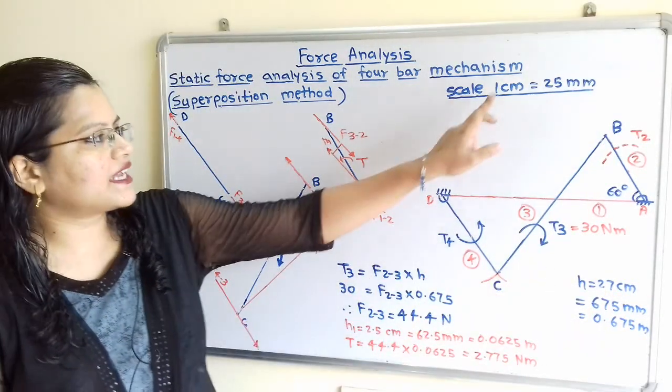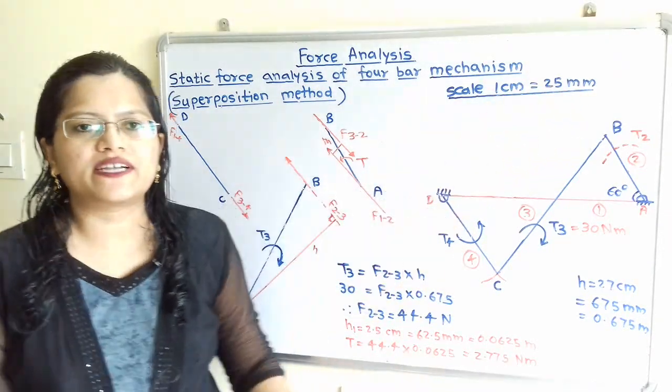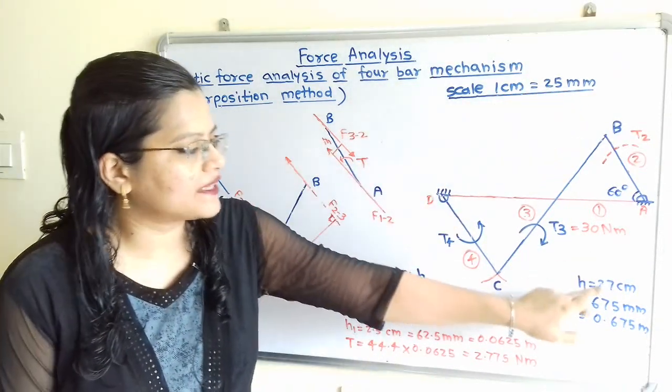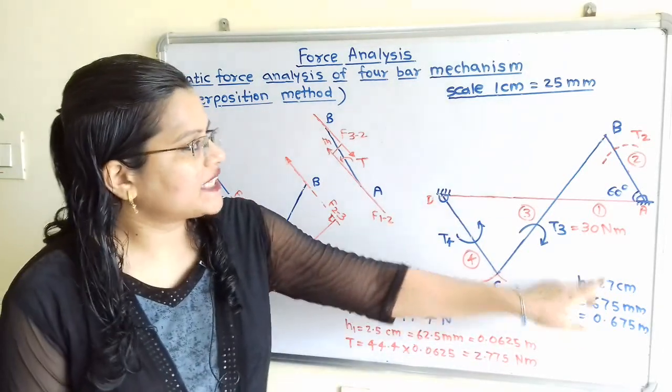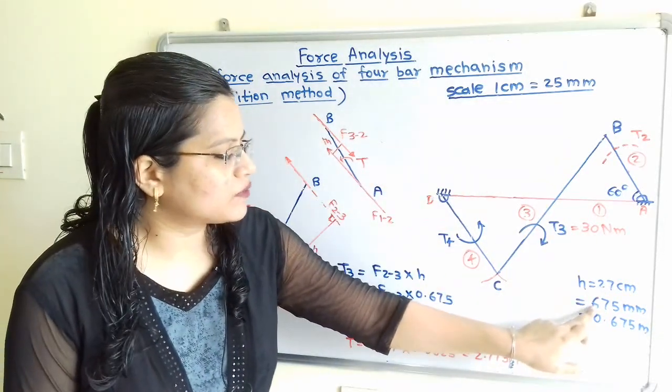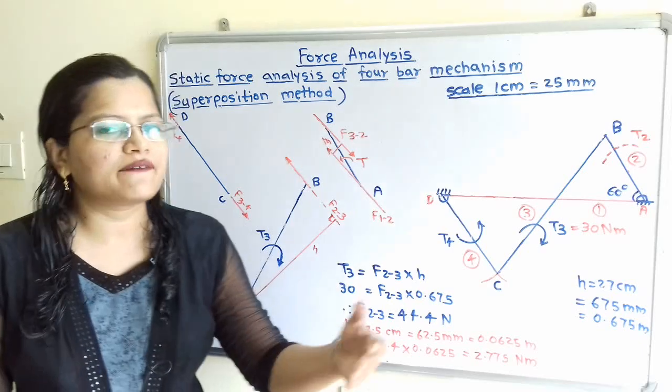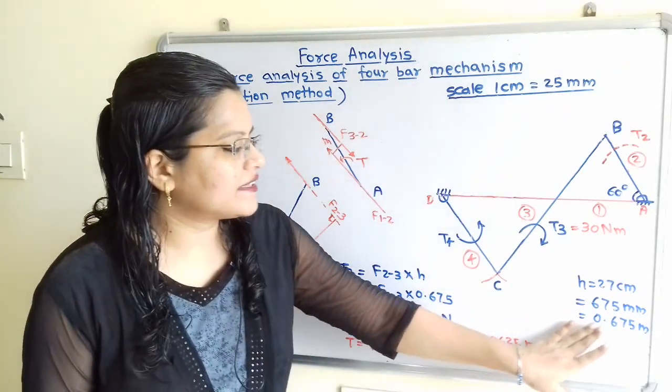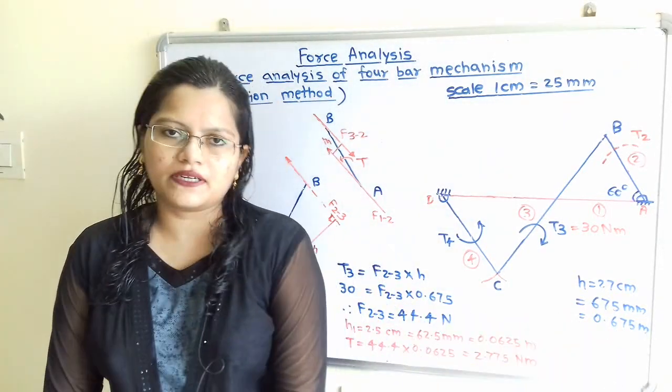But as per the scale, 1 centimeter is equal to 25 millimeter. We have to multiply this by 25. So 27 multiplied by 25 is equal to 675 millimeter, and we will convert it into meter, that is 0.675 meter.